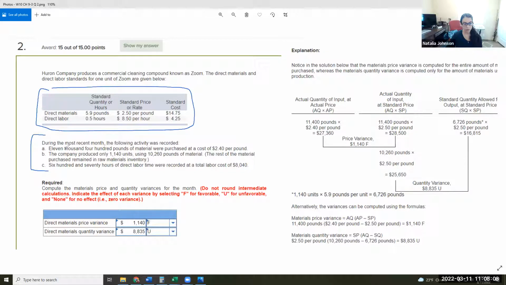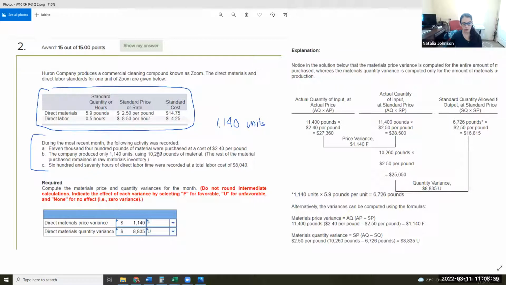So during the month, 11,400 pounds of material were purchased at a cost of $2.40 per pound, and the company produced 1,140 units. Okay, so this number we will need for the standards too. It's 1,140 units.